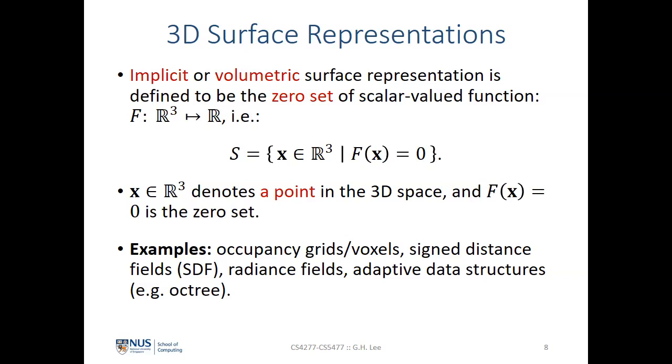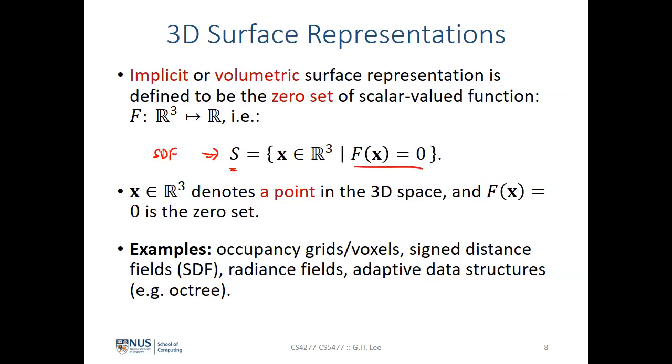Okay, and this is what we are going to focus on today, which is the implicit or volumetric surface representation. The definition written here is the sight distance view, a form of distance view, where all the points you can sample in 3D space, you sample X in R3. Then you define the surface to be on the level set.